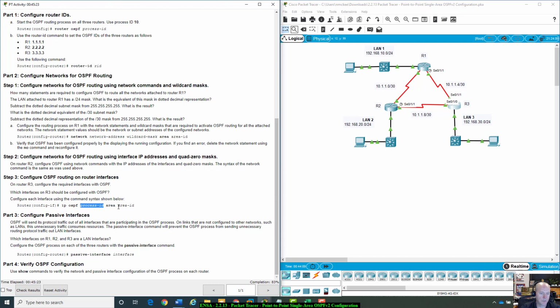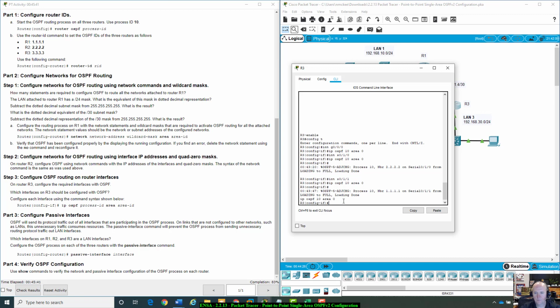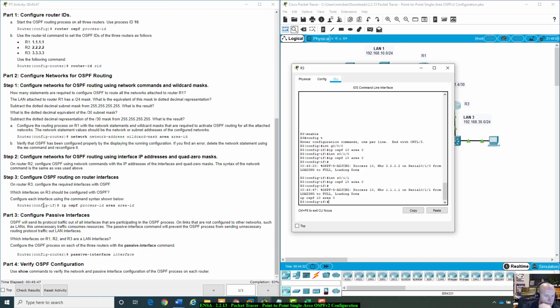The area ID will put you in this area. So if you have multi-area OSPF, you have to specify the area. All right, that all should be good.